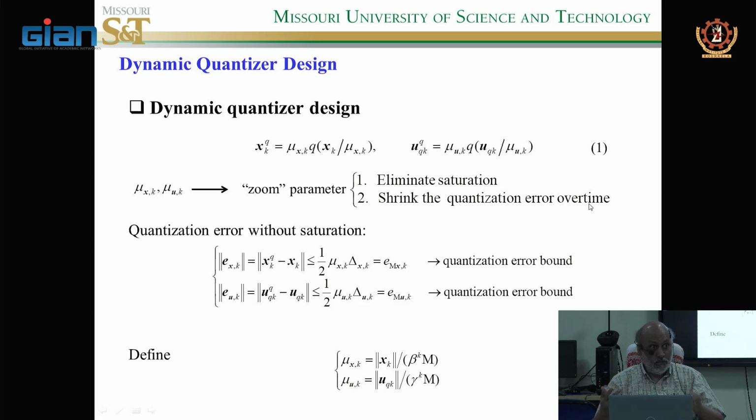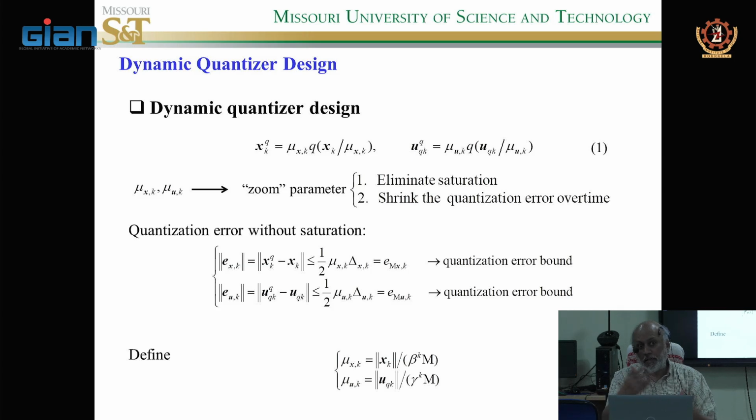Okay, so normally in regular quantizers, the more the number of bits, the quantization error goes to 0. You see what I'm saying? But ideally, there are always the AD to DA converters, or even the network, with a finite number of bits.